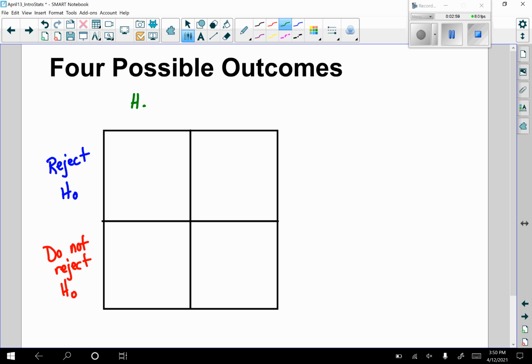Either it's true or it's false. So just to write these out, if we reject the null hypothesis when it is false, that's the correct decision. If we do not reject the null hypothesis when it's true, that's the correct decision.